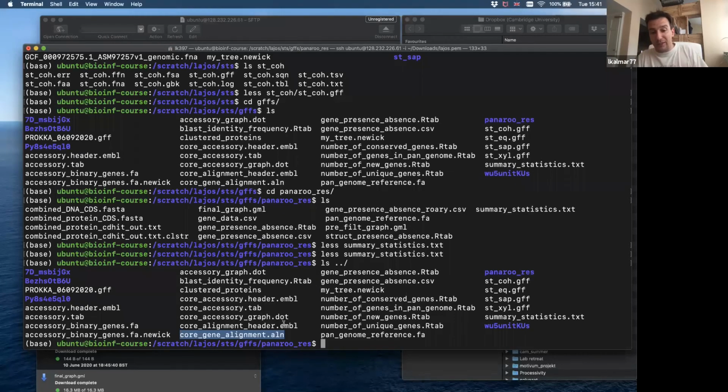So again, it's very important that this is much more like the SNP kind of approach, but instead of looking at all the differences within the genome, you are only looking at differences within genes.